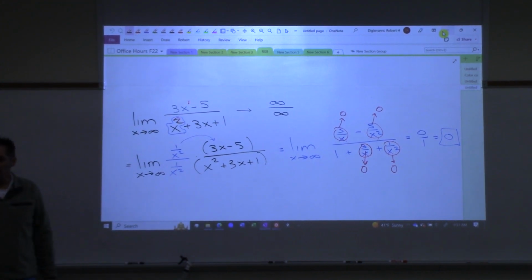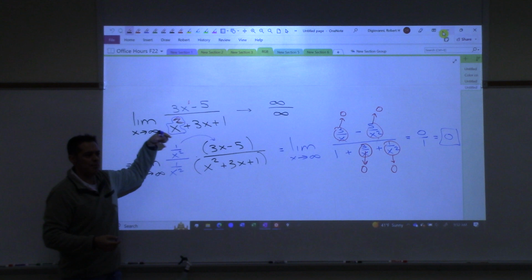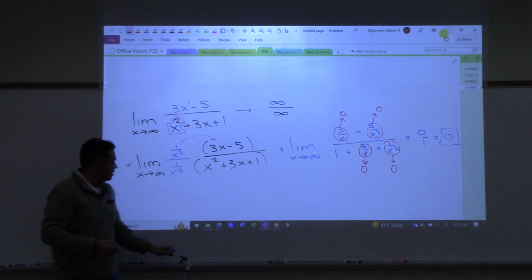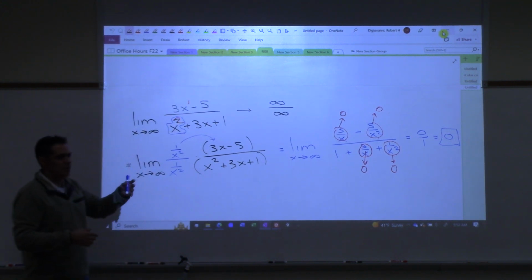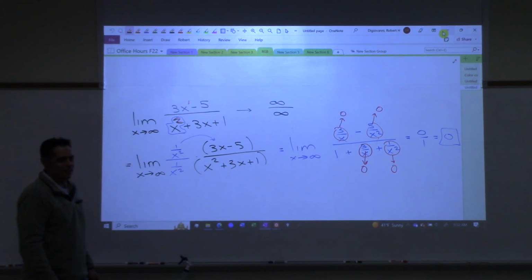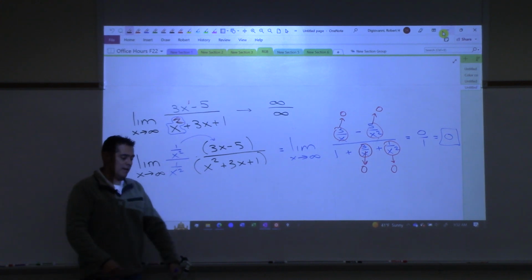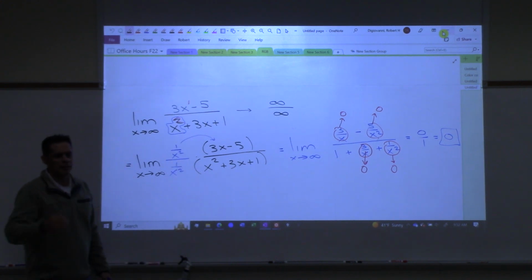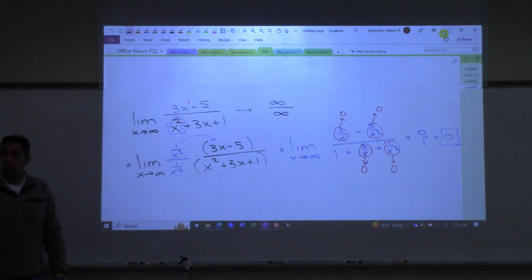It's probably been a long time, but do y'all remember that there were like 3 cases, right? The powers are either the same, or the power on top is smaller than the bottom, or the power on the bottom is bigger than the top, whatever. You know what I'm saying? Yes? So in college algebra, you're taught, okay, just learn these 3 different cases and you're done. And that's great for rational functions. They have to be rational functions.